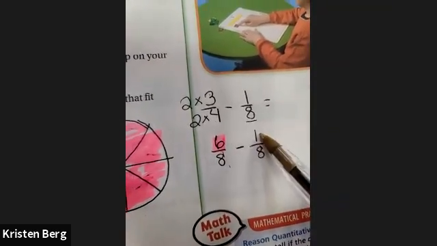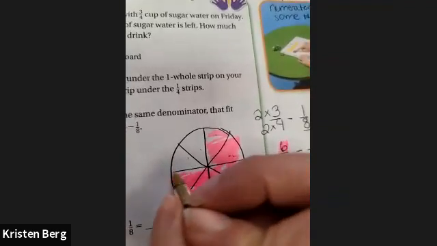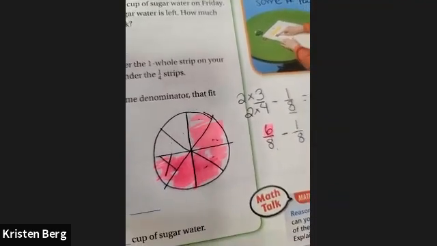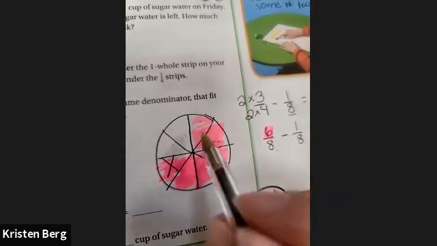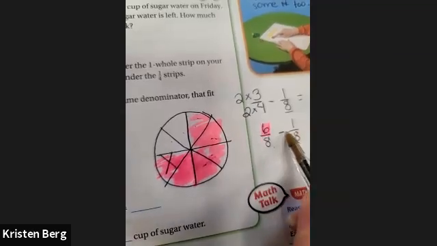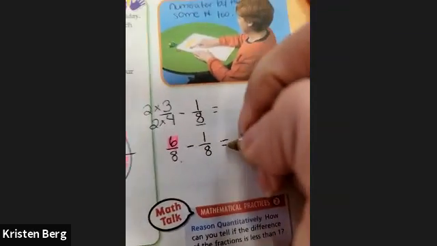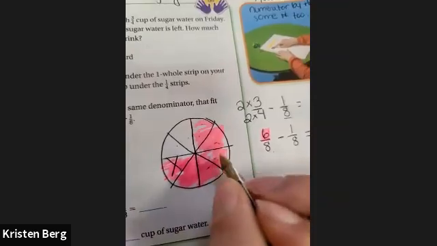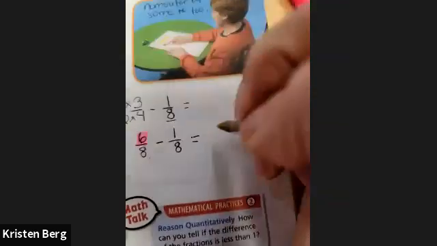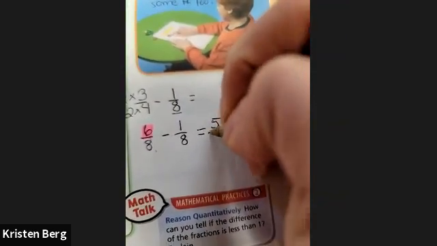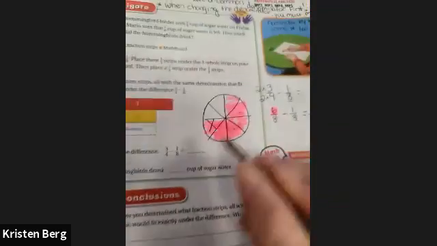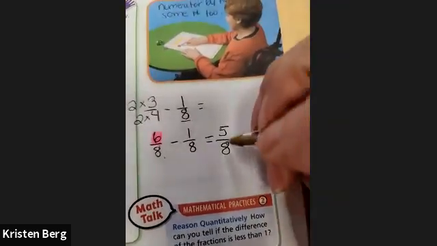But then what happened was one of them is now gone. So what is left here? So 6 minus 1, if you looked, it would have been 1, 2, 3, 4, 5. So 5 out of the 8 slices total are still remaining. So therefore your answer would have been 5/8.